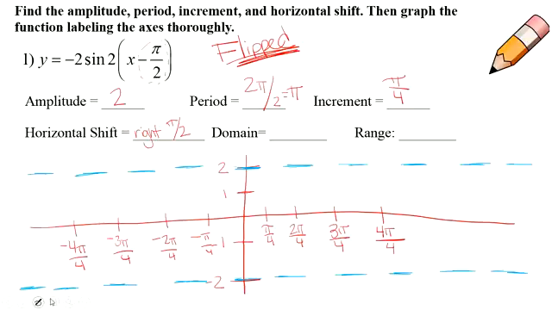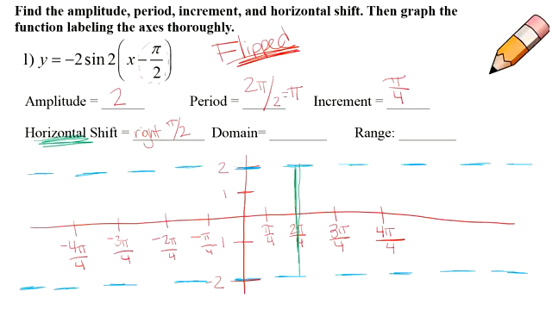Now, here's where this is going to get a little different. I'm going to change color because my horizontal shift now is going to be green. So, I need to start my graph at pi over 2, and that's going to be to the right. So, that is 2 pi over 4, right? Pi over 2. So, I'm going to put a line right here, up and down.